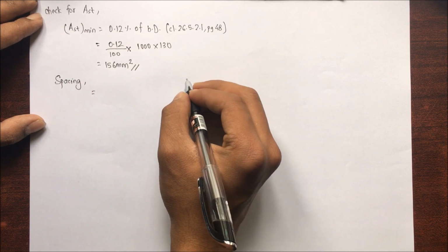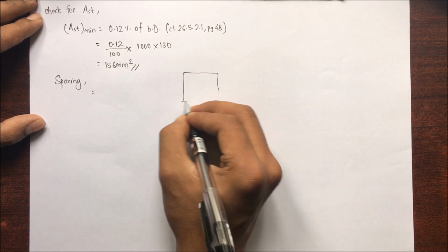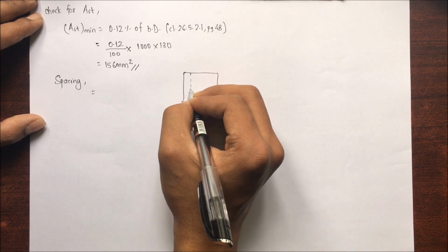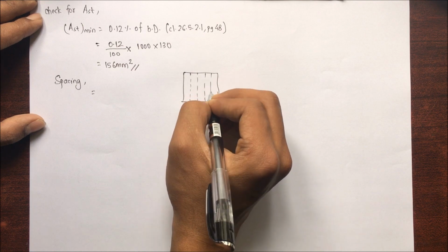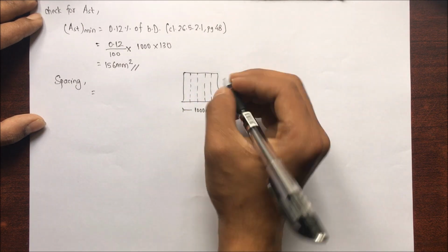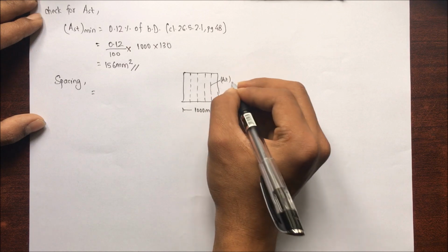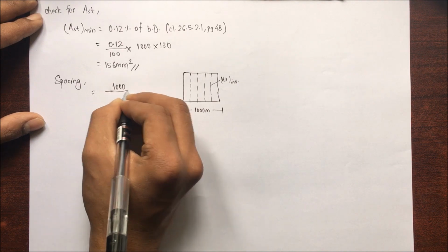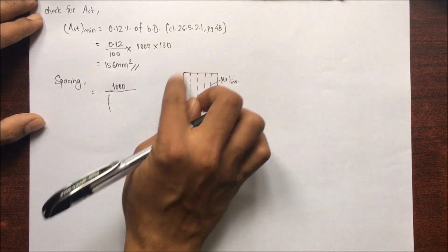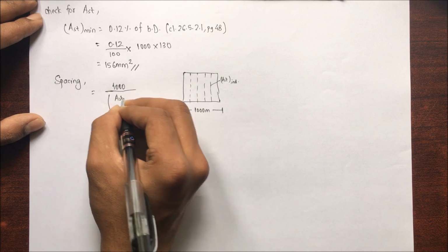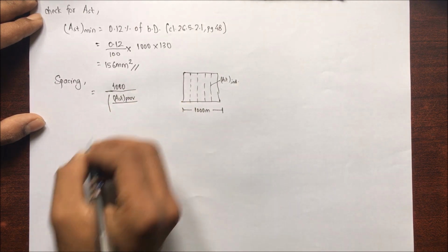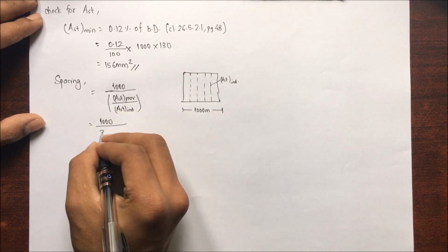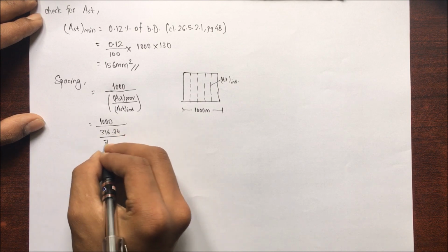Spacing now. The spacing between the main reinforcement bars. Let us assume this is the bar within the 1000 mm. In this way we can find the spacing: 1000 by area of steel provided, 316.34, divided by 78.58.